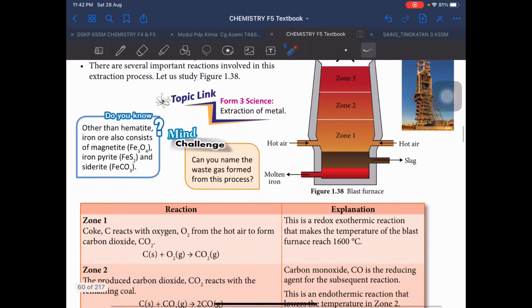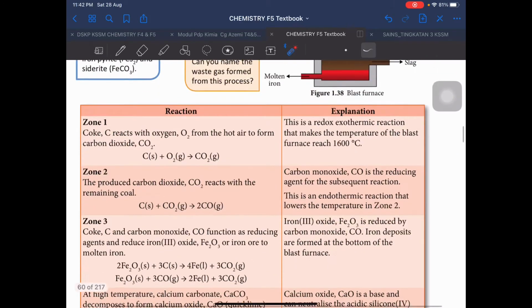Okay, itu zone 1. Zone 2, atas sikit, what happened? The carbon dioxide produced from zone 1 reacts with the remaining coal. Okay, kita ada carbon dioxide dari zone 1 kan? It will react with the remaining coal, dengan arang batu yang selebihnya. So, kita akan dapat carbon monoxide.